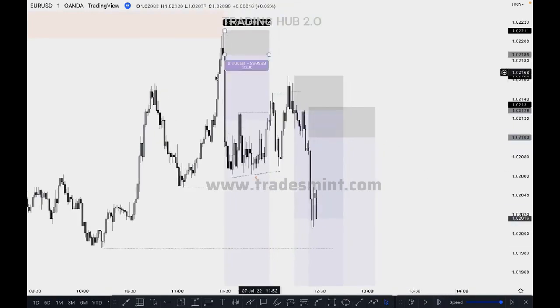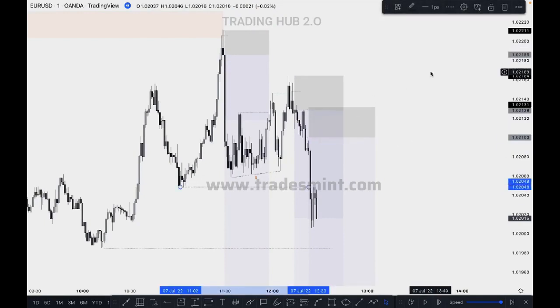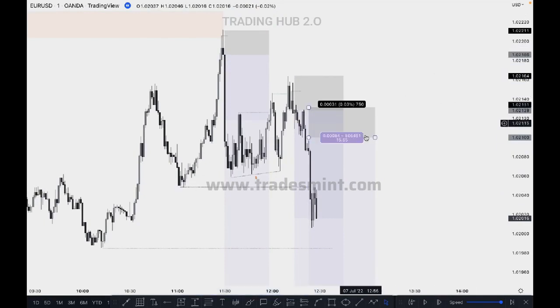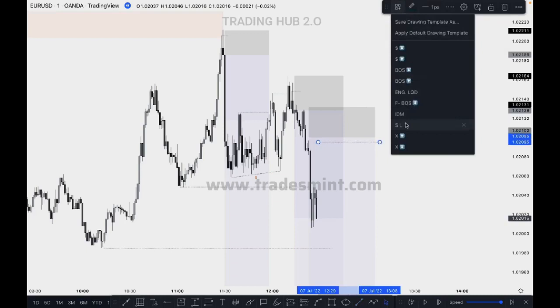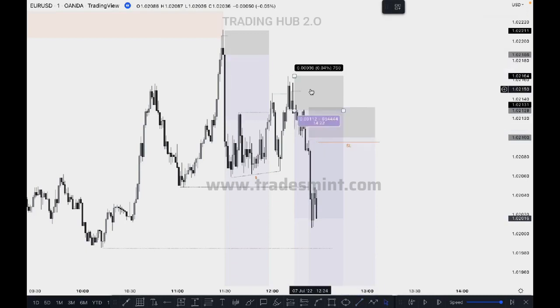Alright, so as you can see, the market broke this low, which is here, and in this case you can move your stop loss to break even. And when you put your stop loss here, these two positions are in profit, and this one is on break even.